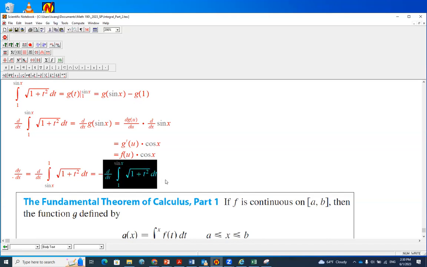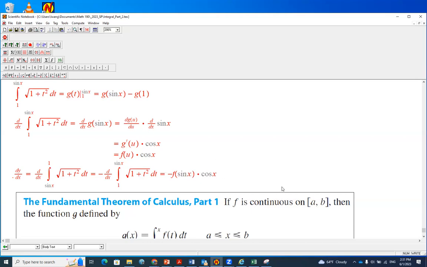We have worked out this piece, we just have an extra negative sign, and that equals to f of u. And of course, u is sine x.